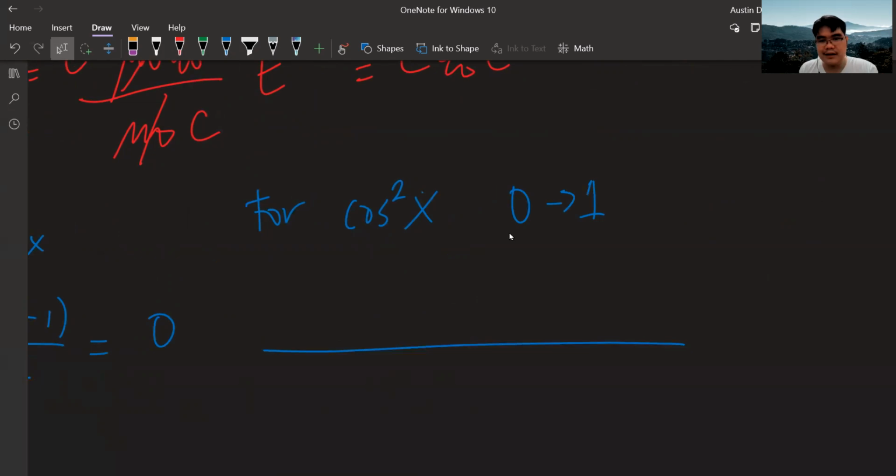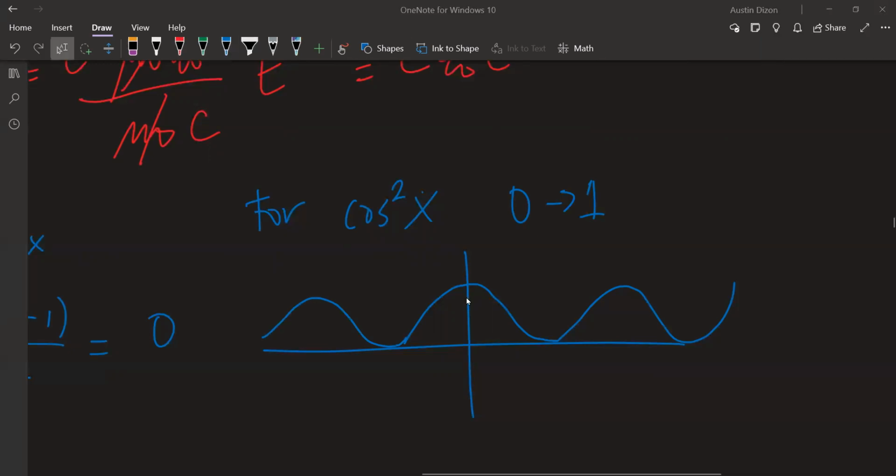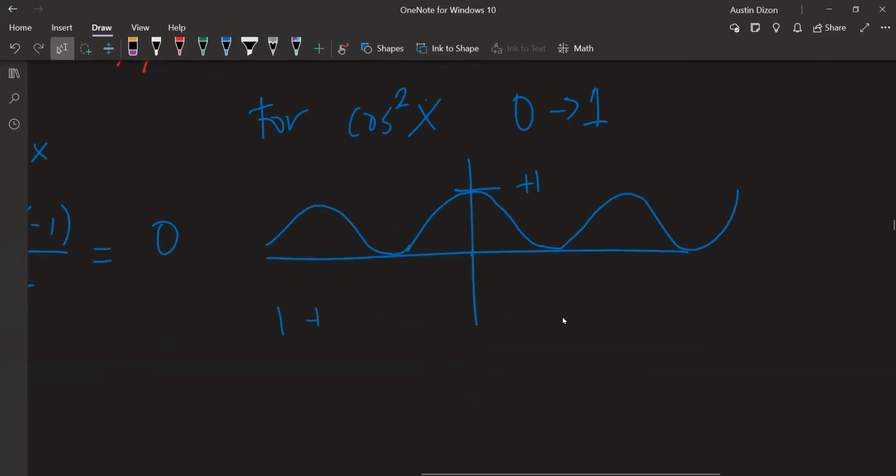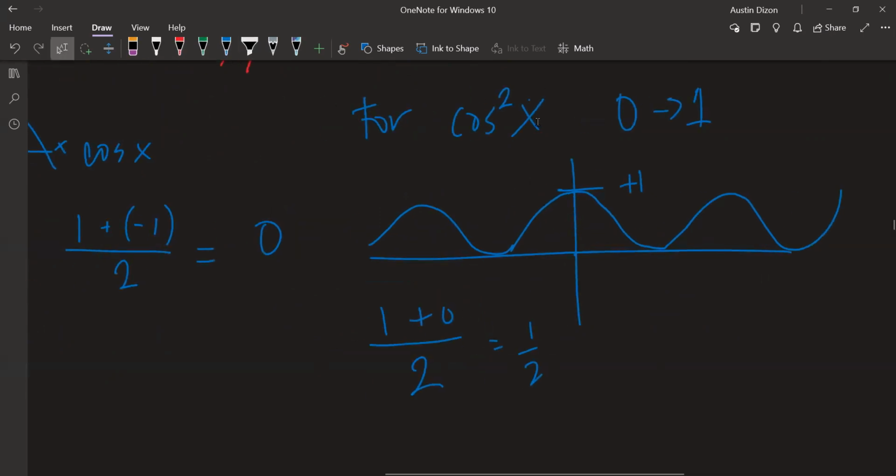Okay, so graph natin, ang itsura niya ay ganito. So ito ay 1, plus ito ay 0. And then the time average of this would be, nicely, 1 plus 0 divided by 2. So just 1 half. Whenever you time average sine squared and cosine squared, ang makukuha mo ay 1 half.